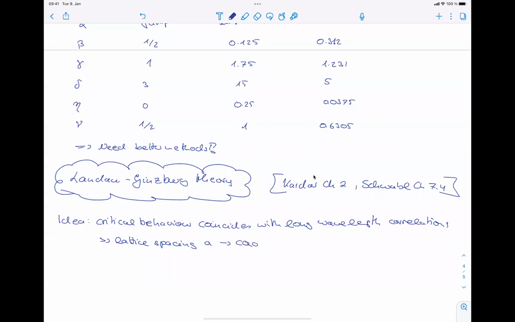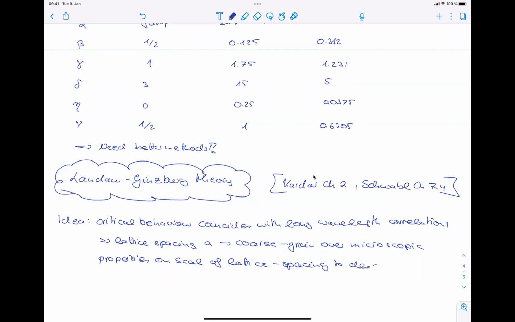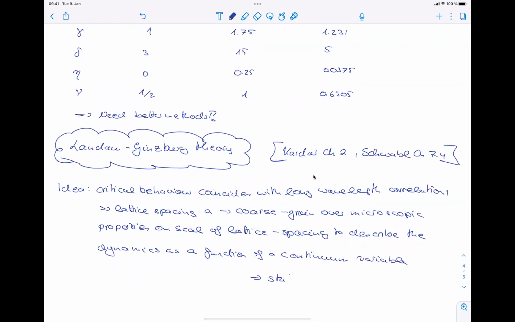And so I can coarse grain over the microscopic properties on the scale of the lattice spacing to describe the dynamics as a function of a continuum variable. And that's the start of the statistical theory.